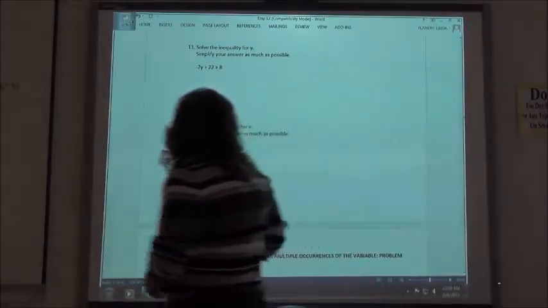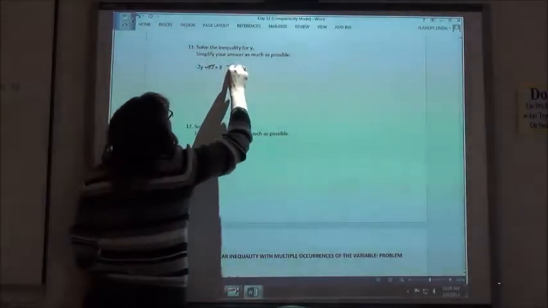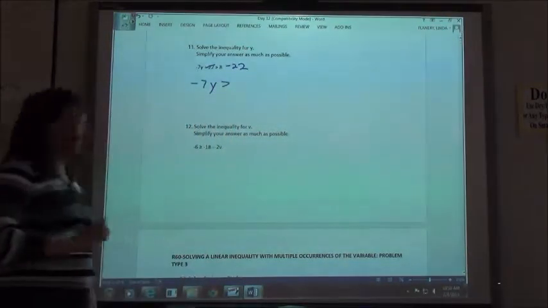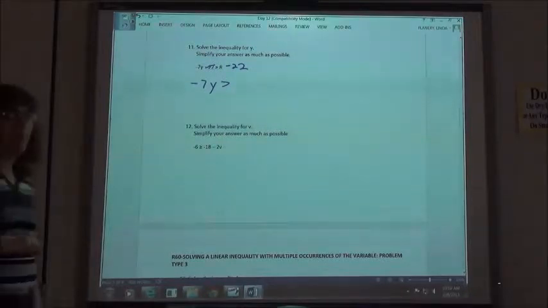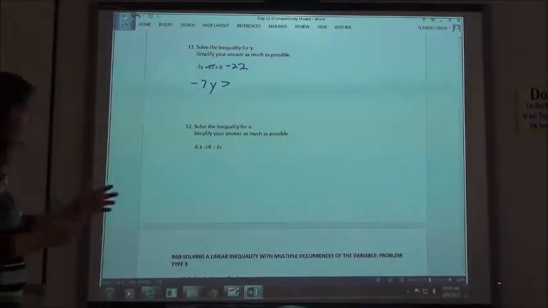So number 11, if I'm going to solve that for y, the first thing I'm going to do is minus my 22. Negative 7y is going to be greater than 8 minus 22, which is negative 14.